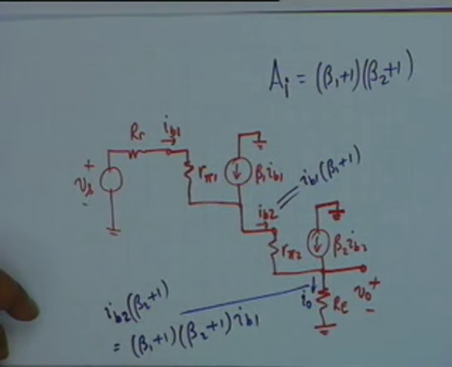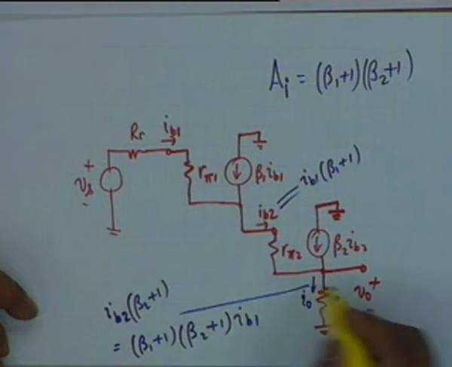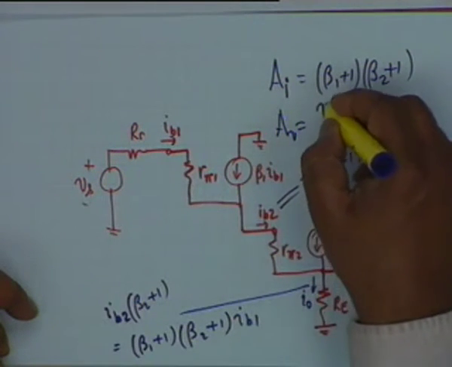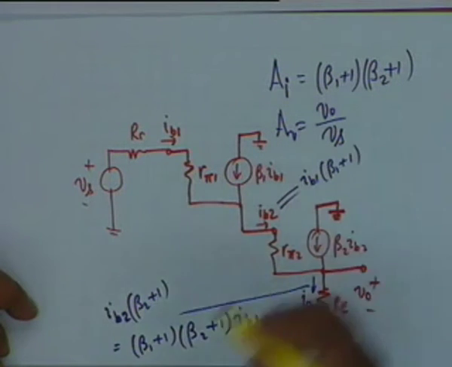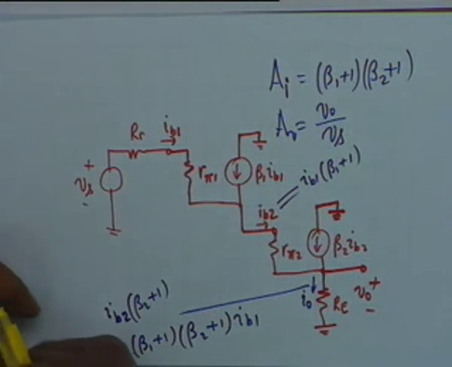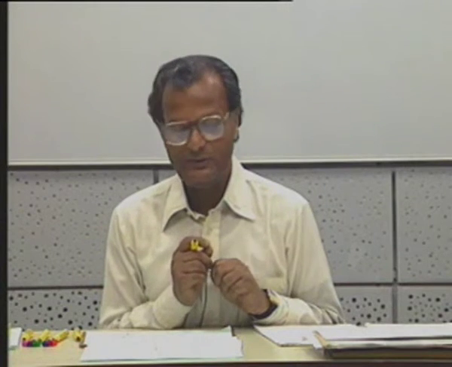If you want to calculate V0 by Vs, that is the voltage gain, AV will be equal to V0 by Vs. What is your guess? What should be the voltage gain? Can the voltage gain be greater than 1? No, it would be slightly less than 1 in fact.